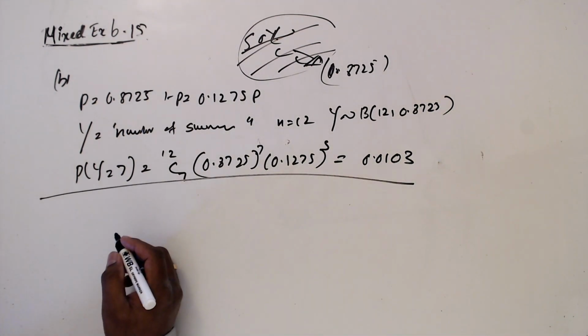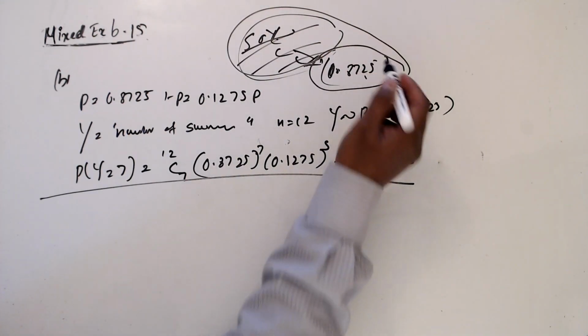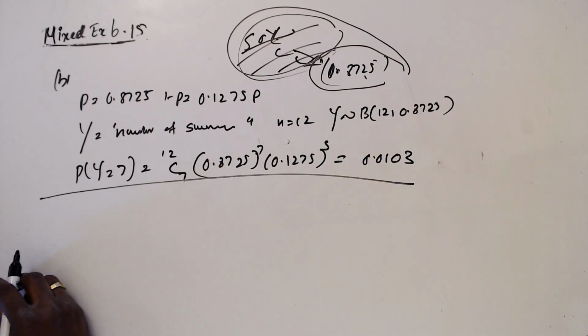And from this one now find the probability that at least 50% of arrows hit, fewer than 6.